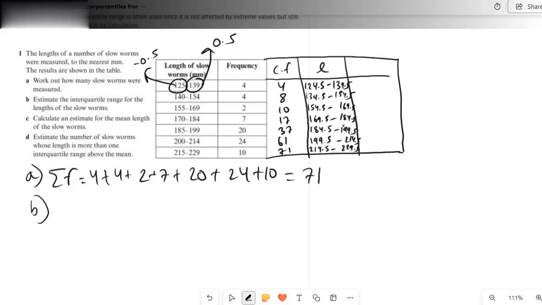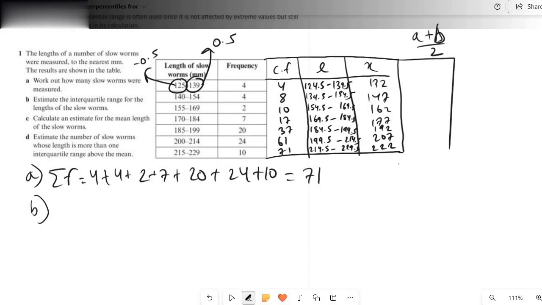So you can find the midpoint, which is by adding the two endpoints or the class boundaries and then dividing by 2. So we get 132, 147, 162, 177, 192, 207, and then finally 222.